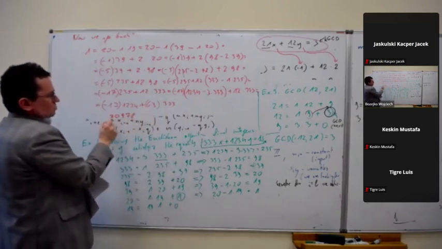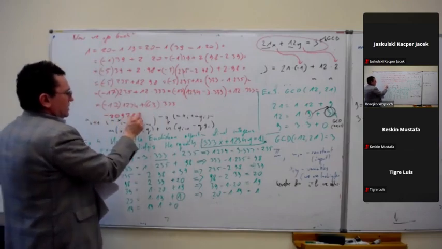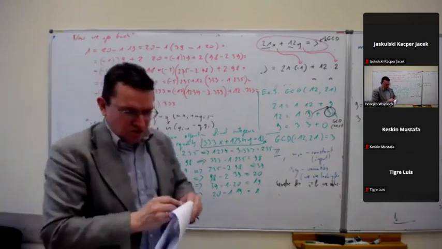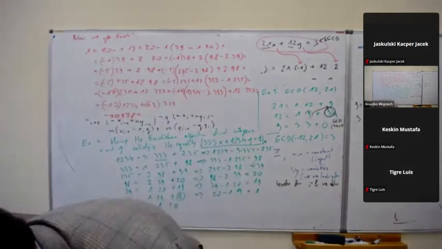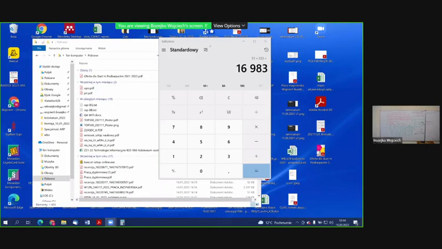Okay, so this is minus 20,978, and now 63 times 333. What is this? 63 times 333. Oh, this is best. So 20,979.